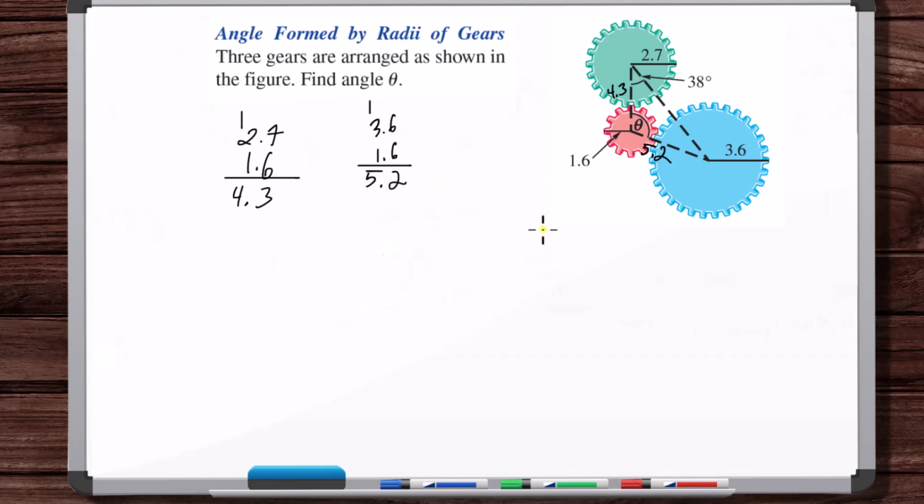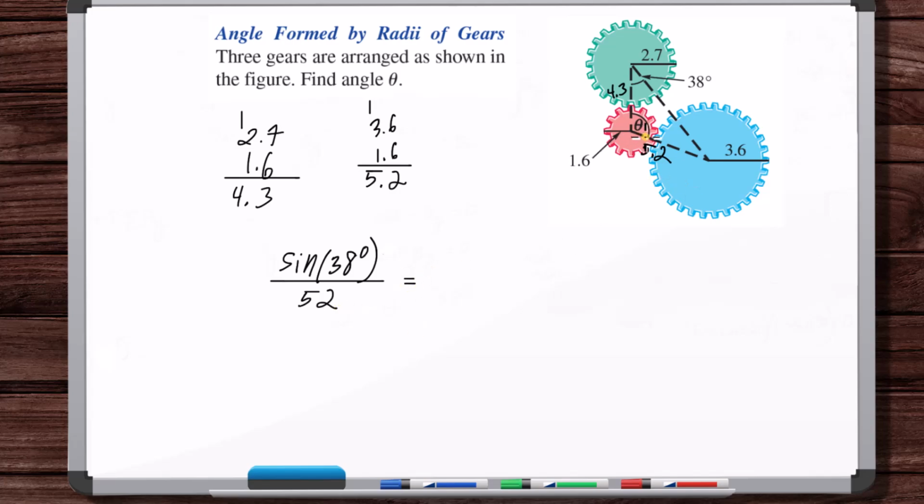All right, we know the law of sines is the ratios between the sine of an angle and the side length opposite that angle, that's constant over the entire triangle. So we can say the sine of 38 over 5.2, okay?